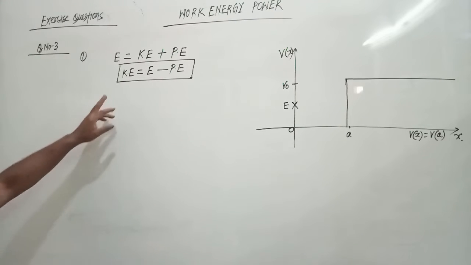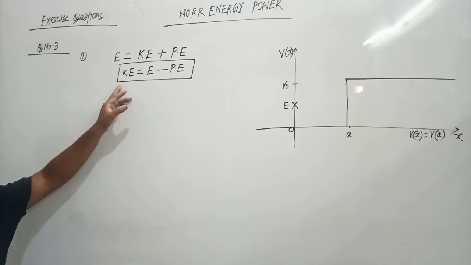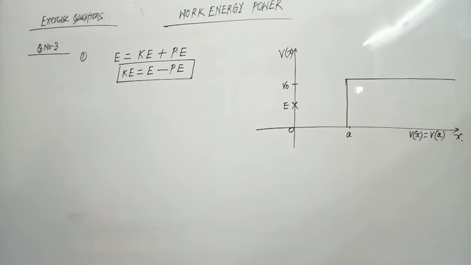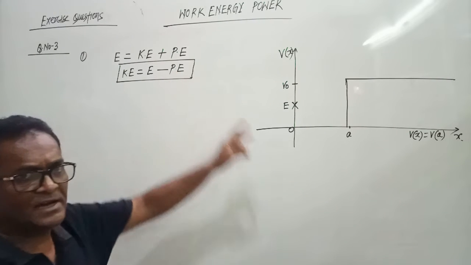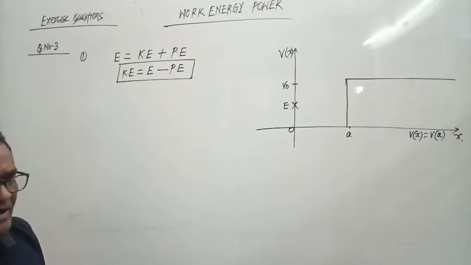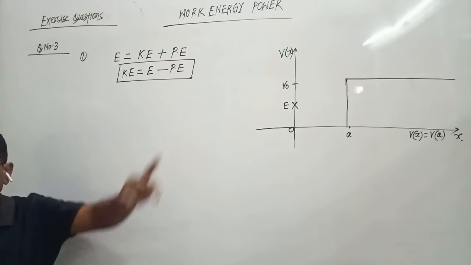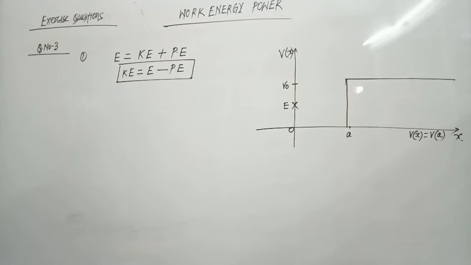Since kinetic energy can never be negative, the potential energy will always be less than E.